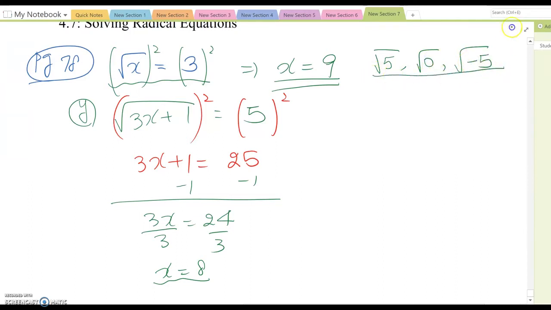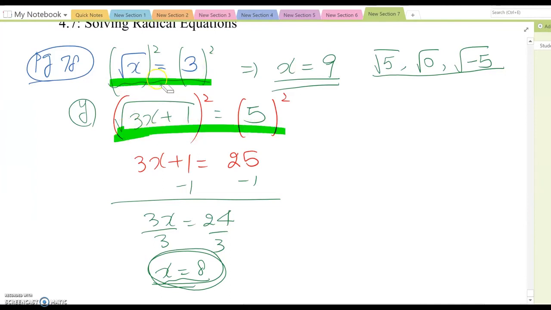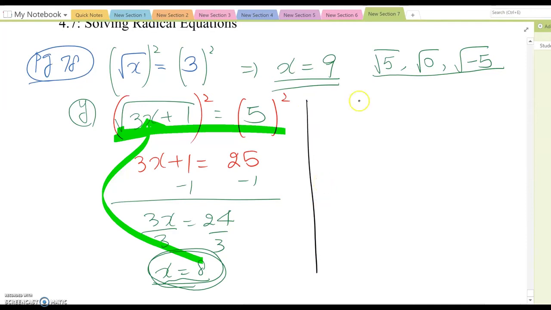So we have to find out whether this answer makes a real answer. Also, these two sides must be equal to each other. So you need to plug this into x here and double check whether that works for this equation. So you must check.